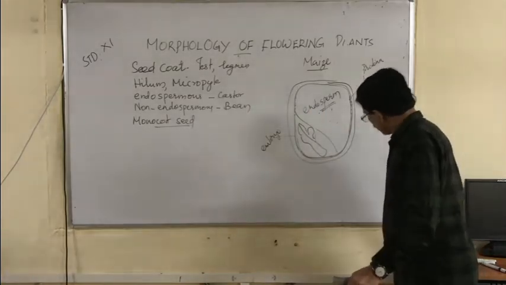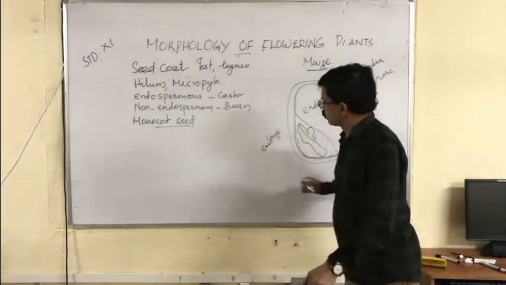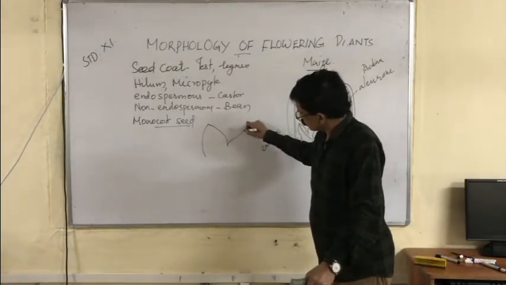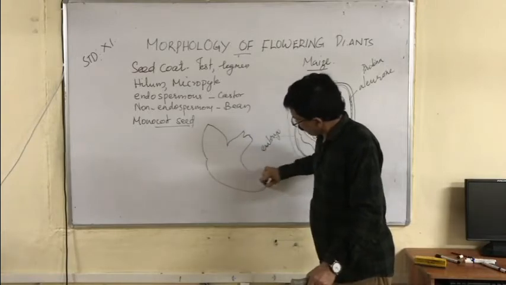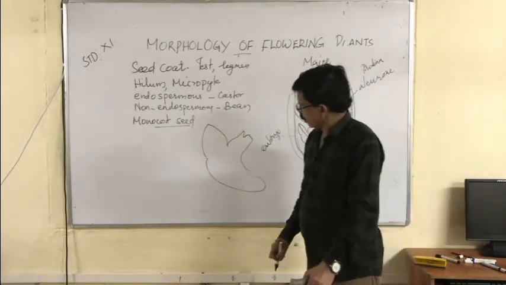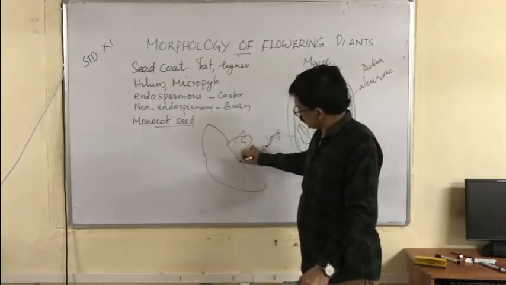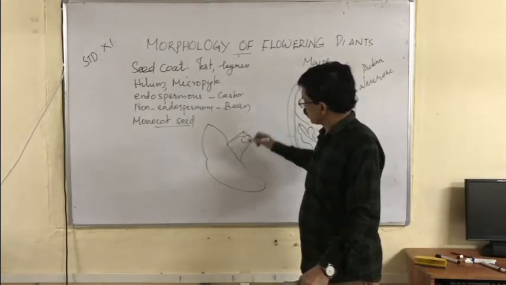If I draw the enlarged structure of the embryo, we can see this is the cotyledon. Cotyledon is called the scutellum.